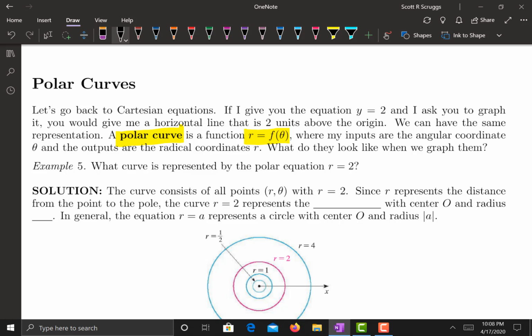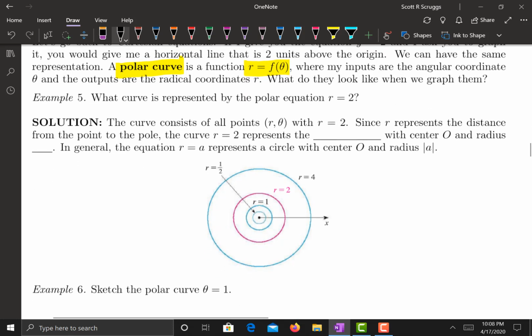But before we get into something complicated, let's start with something simple. Let's see what happens when we represent the polar equation where the radial coordinate is fixed at 2. So here's what's going on. As mentioned before, the radial coordinate tells me, 1, where I should start rotating, and 2, the distance between the new point and the pole.